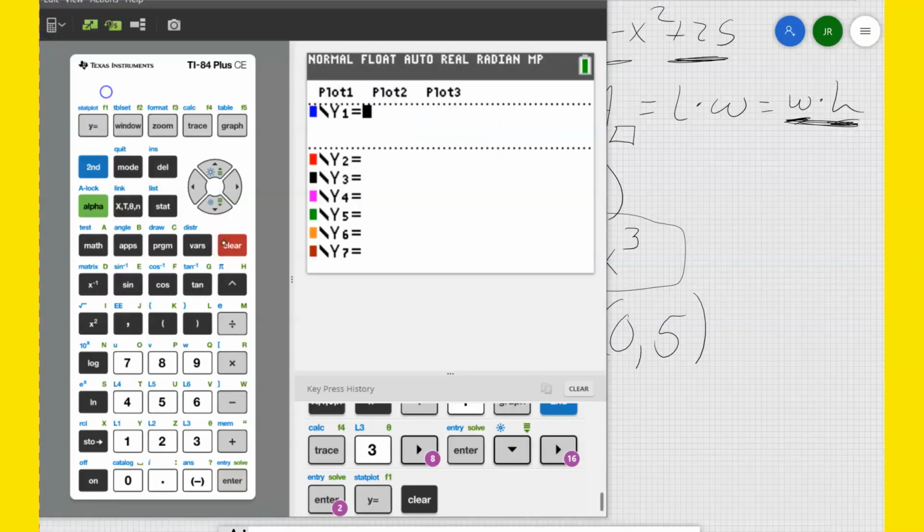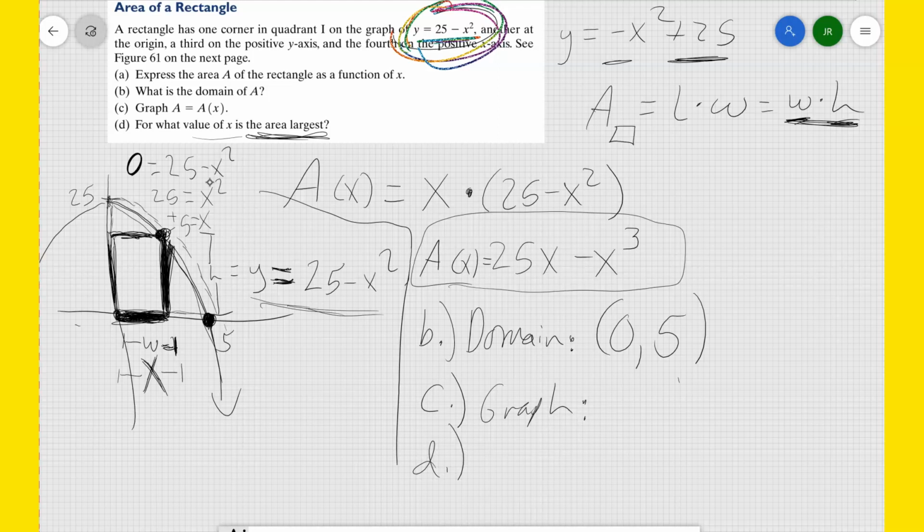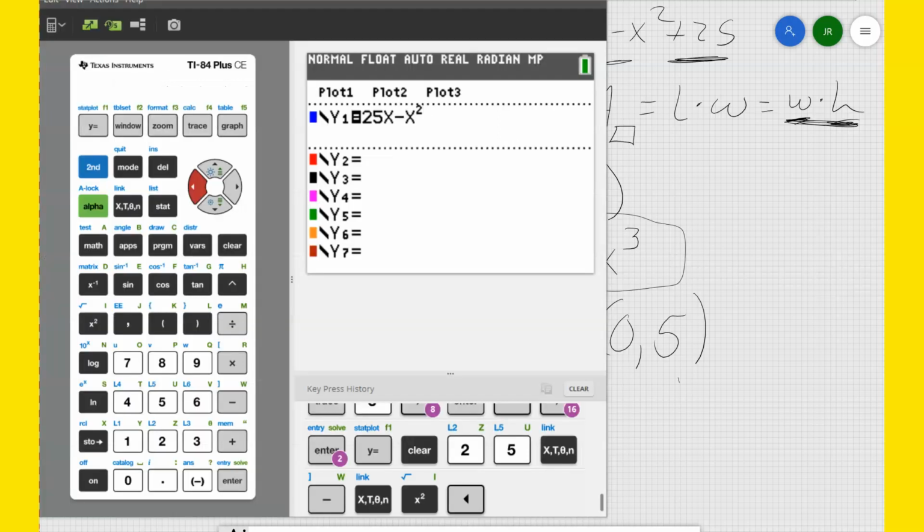I'm going to graph my area function, which was 25x minus x squared. Or was it x cubed? I think it was x. What was it? It was x cubed.